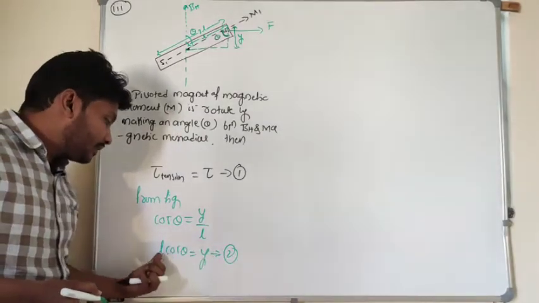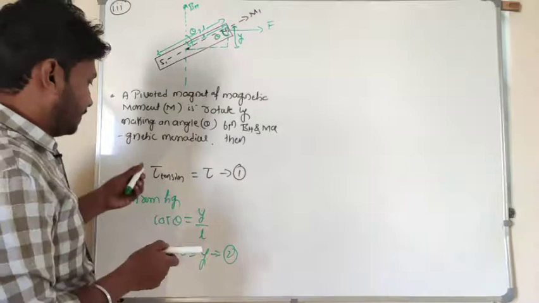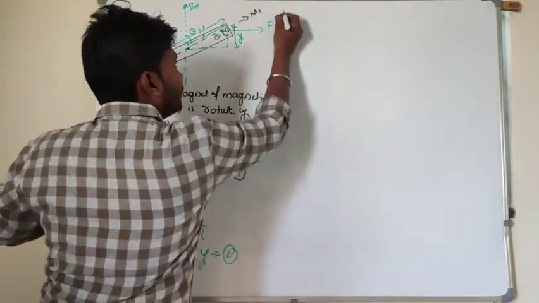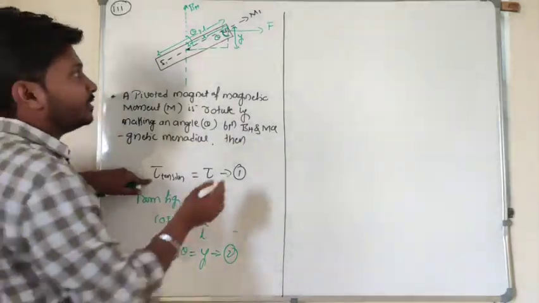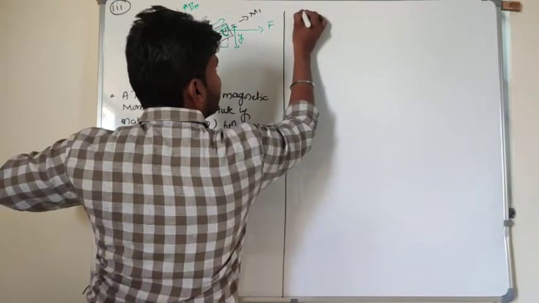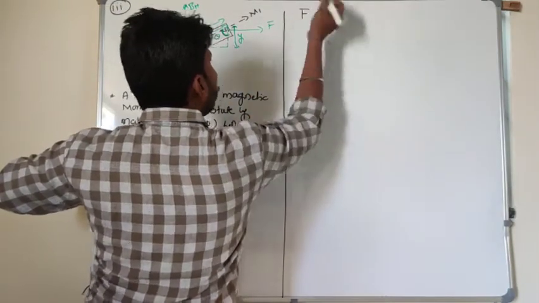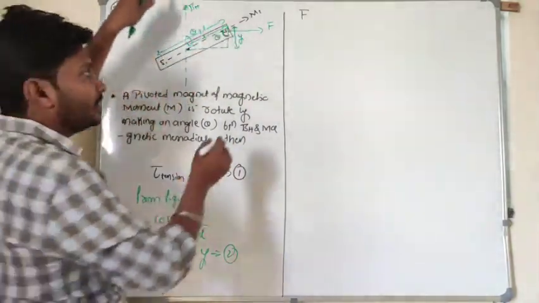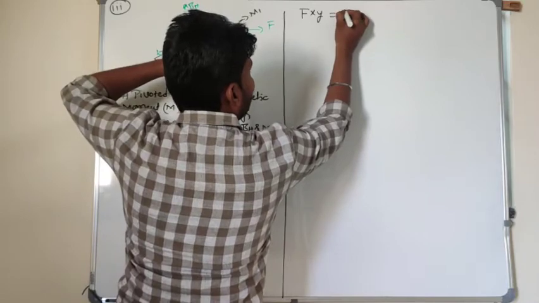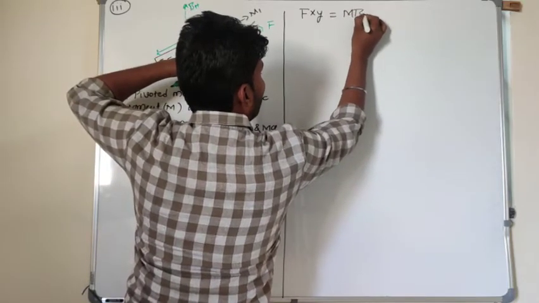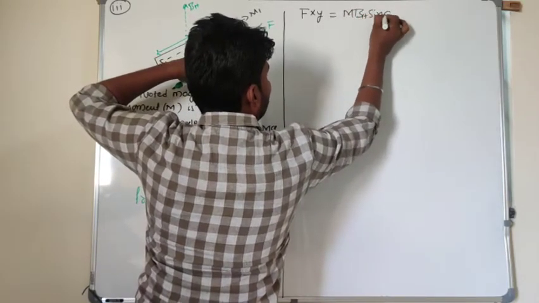That perpendicular distance is equal to L cos theta. Now, by making use of that perpendicular distance value, the tension in the string, that is torque tau, is equal to force into perpendicular distance. So torque acting on the magnetic dipole is M into B_H sin theta.